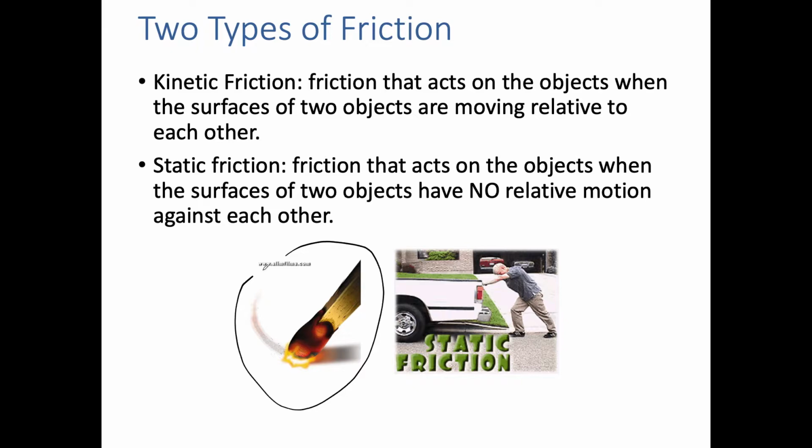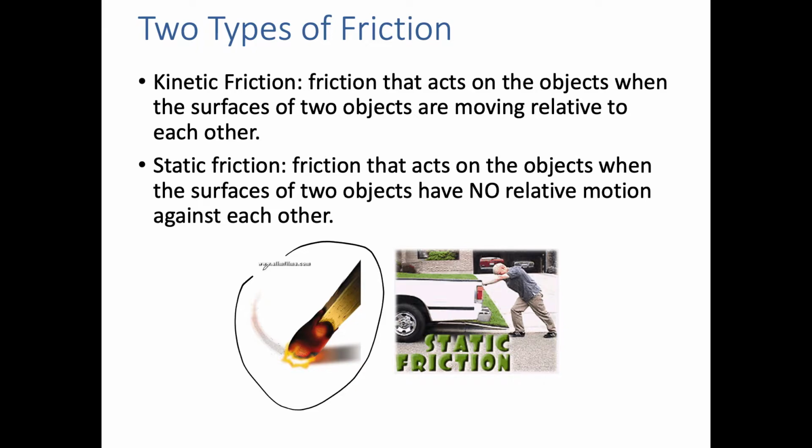Now, we try to push the car, but if the car didn't move, then the friction between the car and the ground is static because there is no relative motion between the surface of the tire and the ground. Let's think about one question. When we are driving, the car is rolling forward.